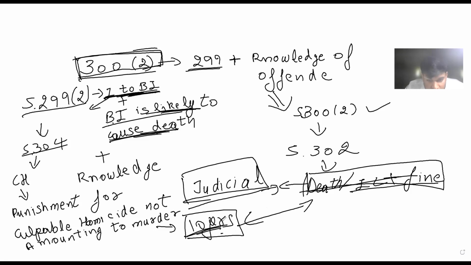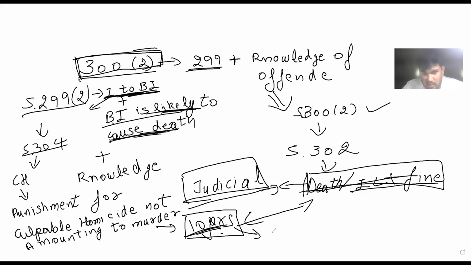Look, in 304 also they have mentioned imprisonment for life. But again, it's a matter of judicial discretion. They mentioned imprisonment for life as well, but it is a matter of judicial wisdom. And normally, though it depends upon facts and circumstances of each case, in culpable homicide, if section 299 2 is proved, then it is 10 years punishment.